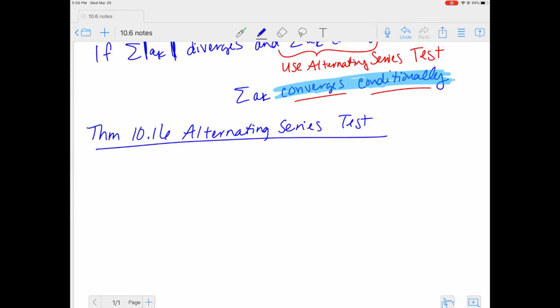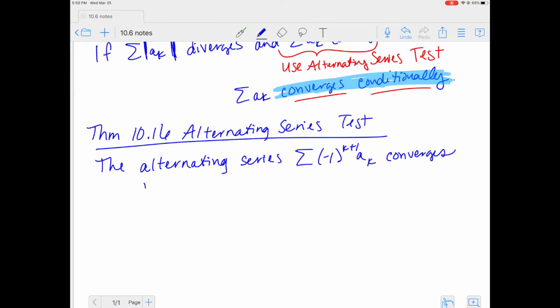So with my alternating series test, here we have the alternating series of (-1)^(k+1) a sub k converges provided these criteria are met. There are two. Criteria number 1, the terms of the series are non-increasing.